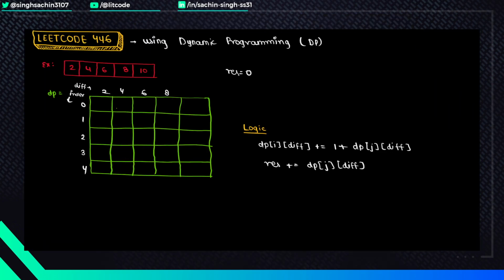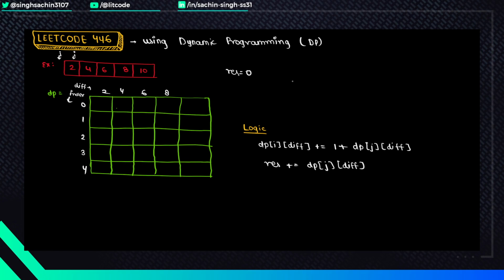As mentioned, I'll solve this problem using dynamic programming, and this will be the logic which I will be using. I'll start from the first element, and I'll denote this as i, and I'll keep another pointer which will point to all the elements before my current element, and that will be denoted by j.